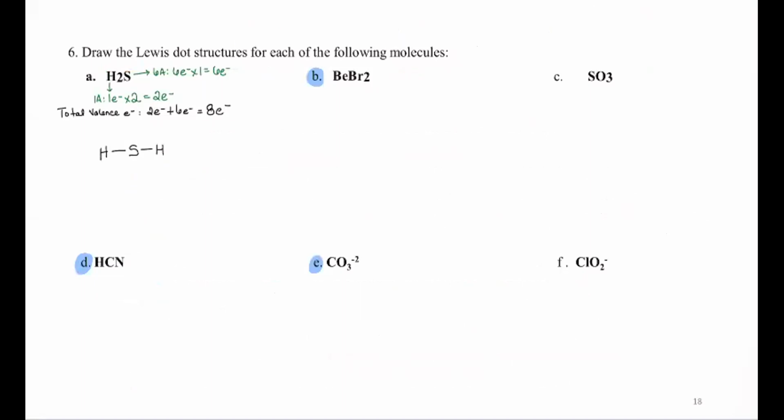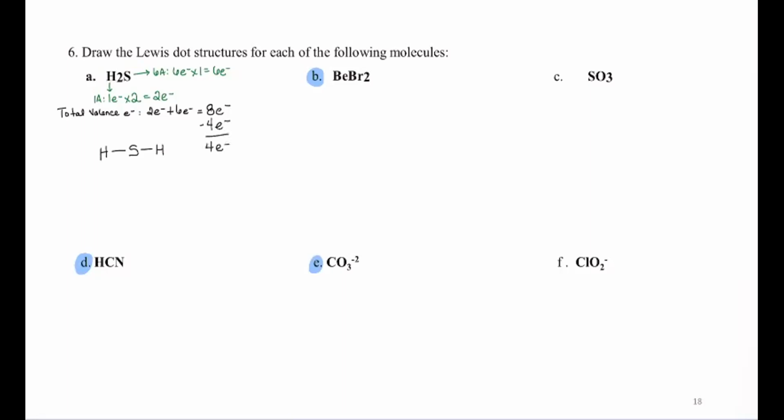Now, I mentioned to you guys already that the lines represent 2 electrons. So we draw 2 lines. So out of the 8 electrons, we already used 4. So minus 4 electrons, we have 4 electrons left.